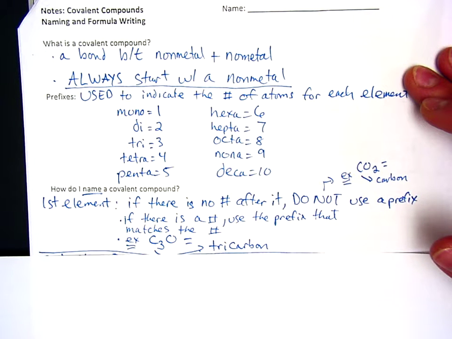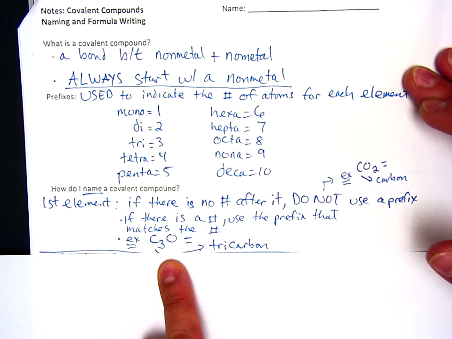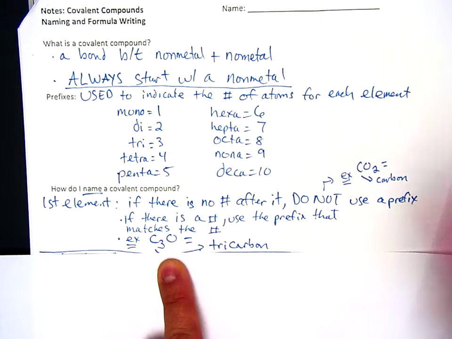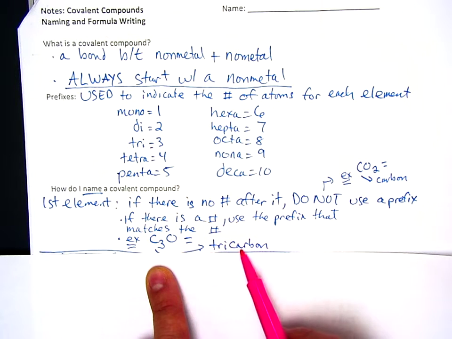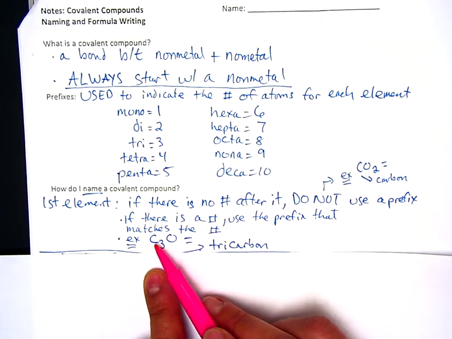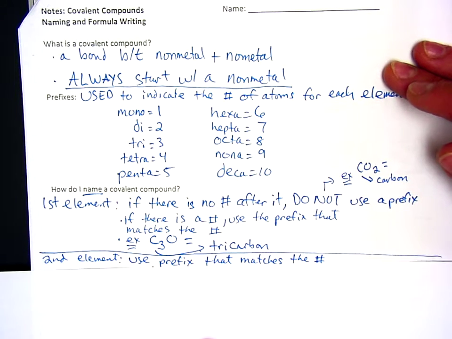So for example, if I had C3O, that would be tricarbon. So the tri is saying you have 3 carbons.